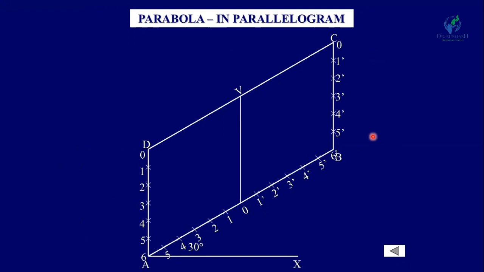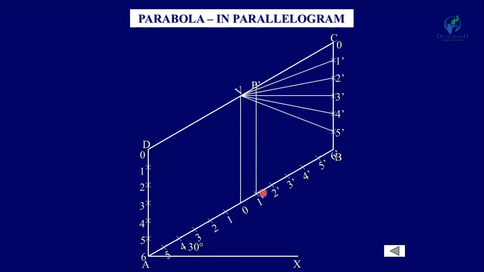Now join all these points on the vertical lines with V. So V1 dash, V2 dash, V3 dash, V4 dash and V5 dash, and from 1 dash draw a vertical line and get the intersection point of V1 dash, which is P1 dash. Similarly, you will get the other points P2 dash, P3 dash, P4 dash, P5 dash and P6 dash. Now repeat this whole process on the other side.